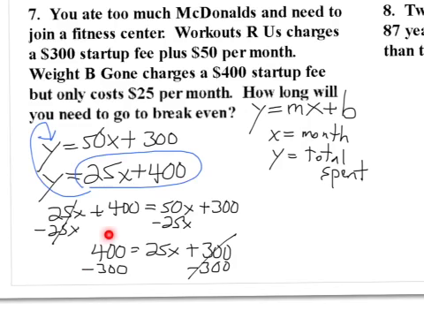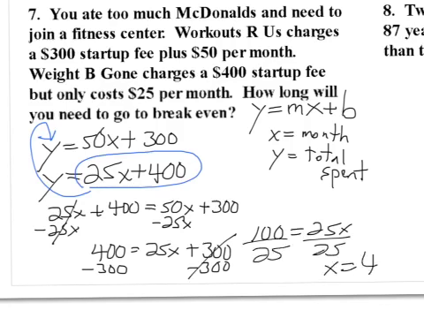And over here I get 400 minus 300. That ends up being 100 equals 25x. And divide everything by 25 and you get x equal to 4. So 4 is the number of months we would go to both of these before we would break even.